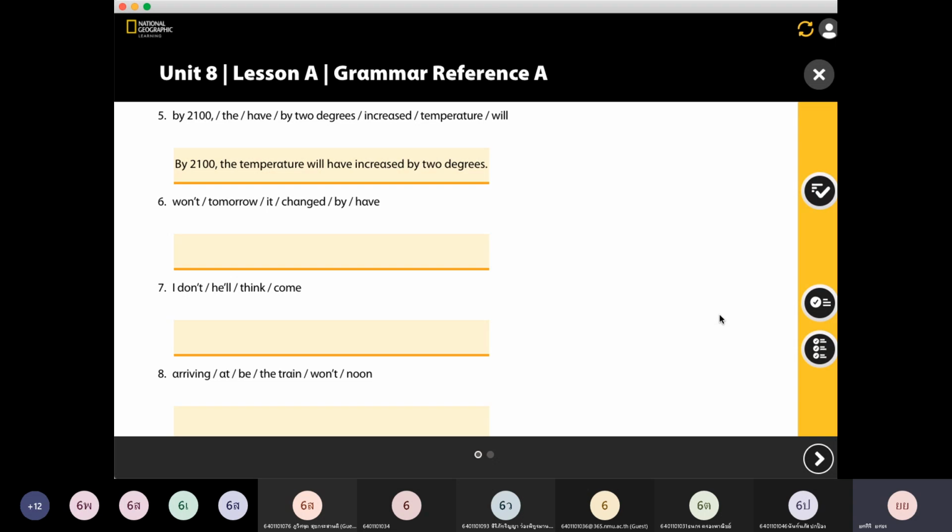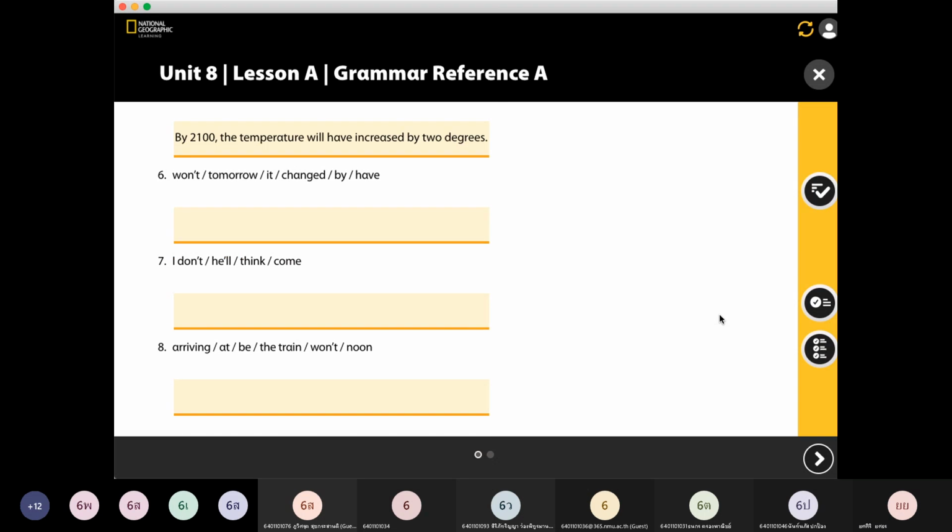Then 6, 7, 8. Number six: it won't have changed by tomorrow.